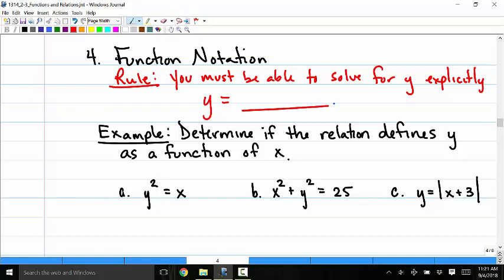You need to get y to the first power equals something. So determine if the relation defines y as a function of x. That first one, y squared equals x. Is that y equals something? No, this is not a function. Look, if you tried to get y by itself, you would get plus or minus the square root of x, correct? How many equations do you see there? 2. That is not a function.